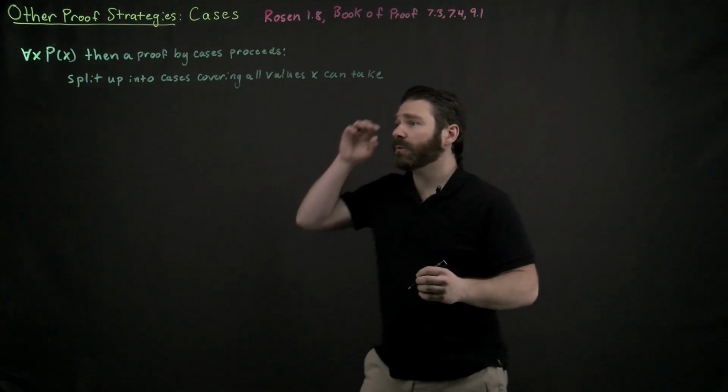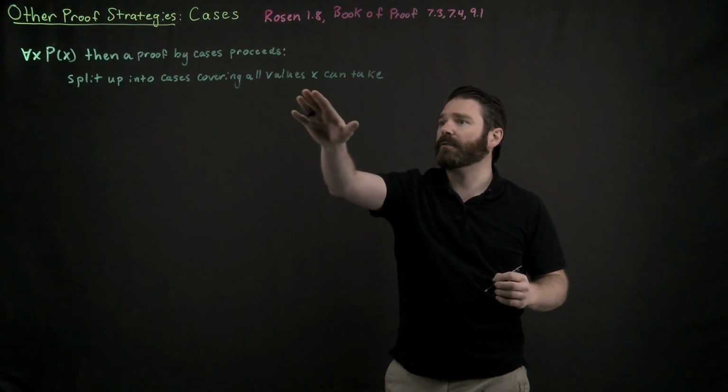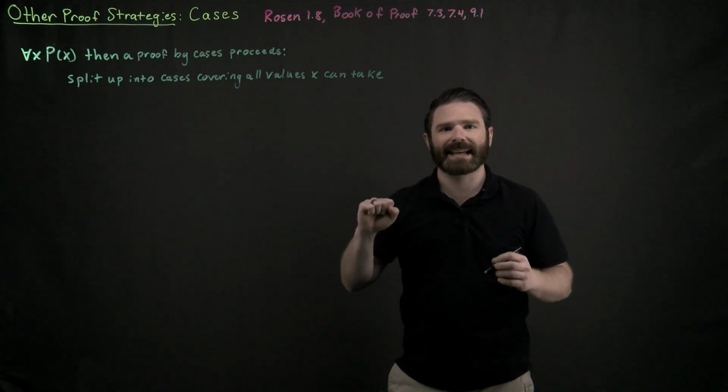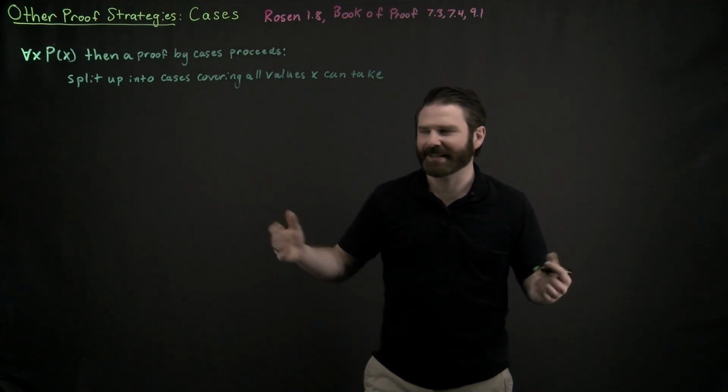The very first thing that you do is you split it up into cases covering all possible values that x can take. That's why it's called a proof by cases.